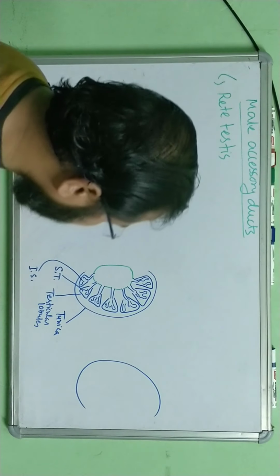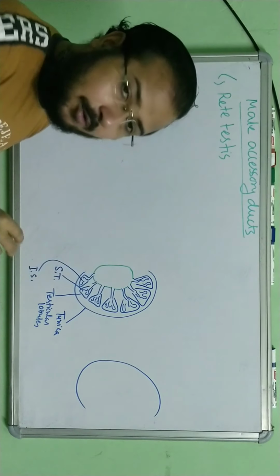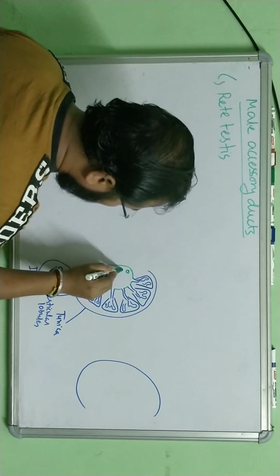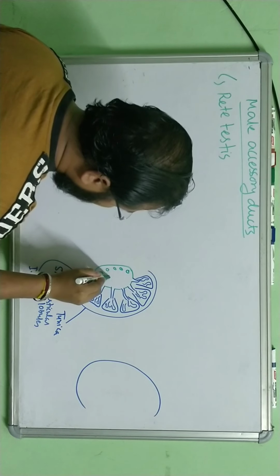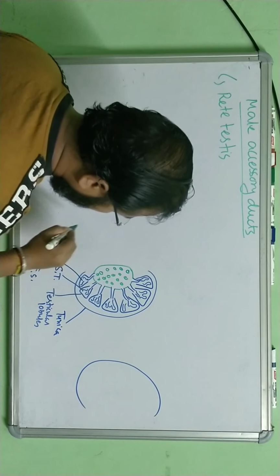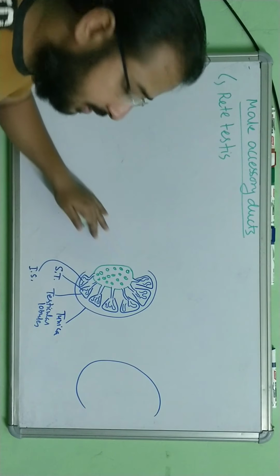They carry the sperms from there and they all come here and join to form a network-like structure. So all the seminiferous tubules come here with the sperm produced in them. Clear? So the first duct, rete testis.